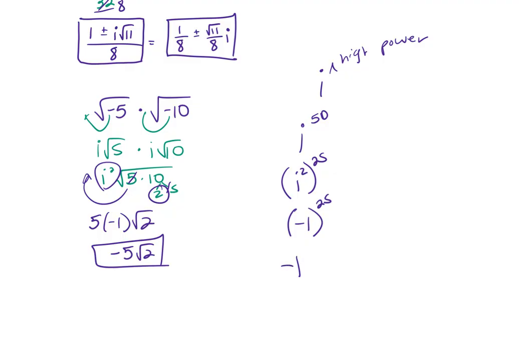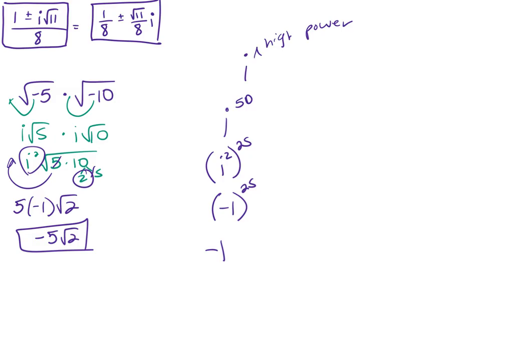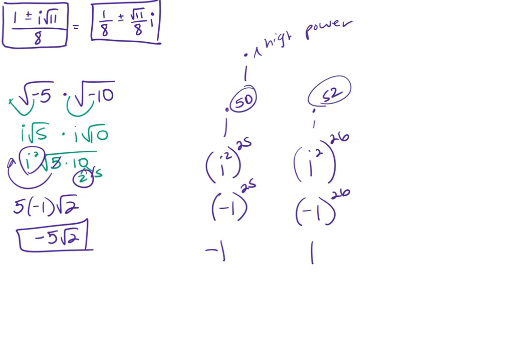If that was 26, so if it said i to the 52nd power, I would rewrite this as i squared raised to the 26, and that would be 26 -1s, which would make that what? A +1. So if my original exponent starts even, I cut it in half, so divide it by 2. That's how many -1s there are.